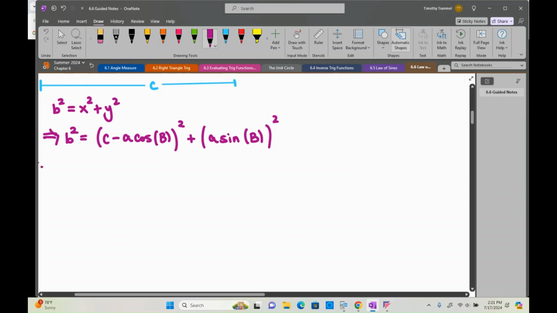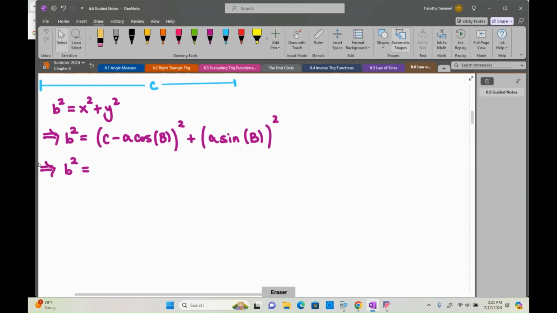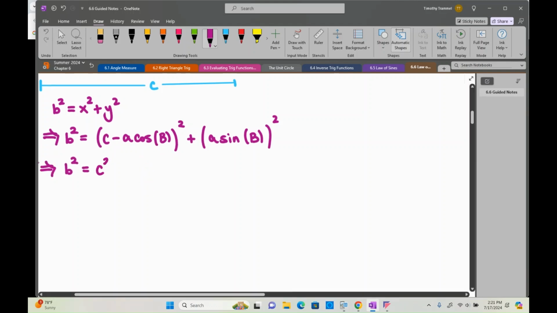So let's go ahead here and distribute. I need to FOIL. So c squared minus 2ac cosine of big B, then plus a squared cosine squared of B. And then now we're finally onto this last one.